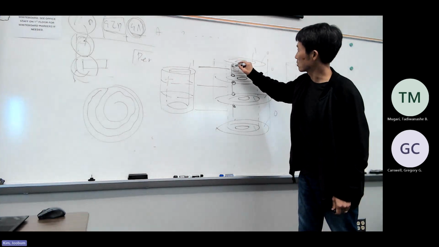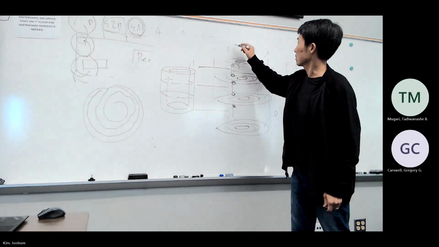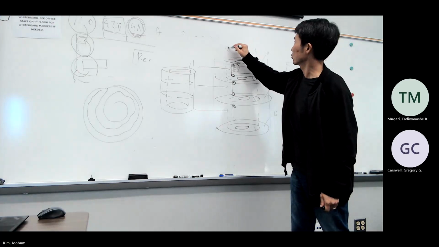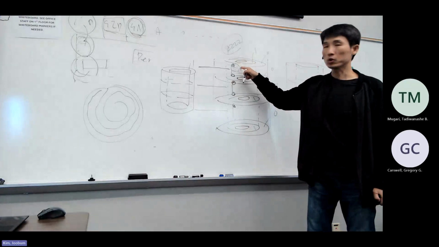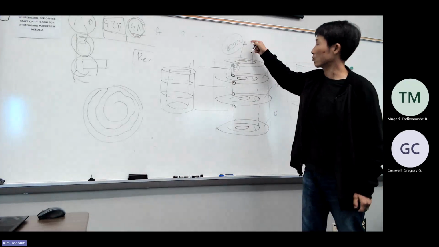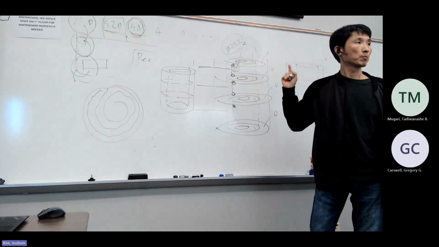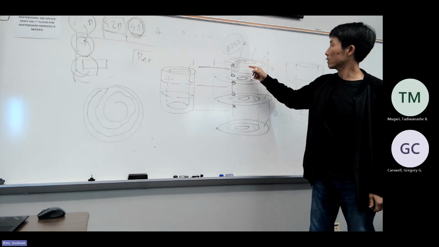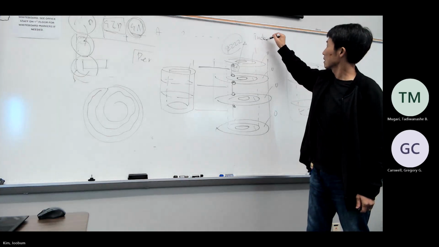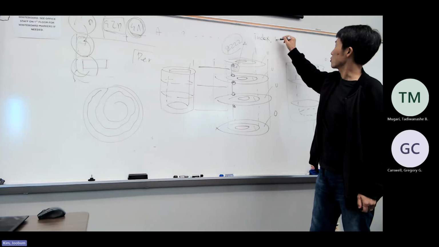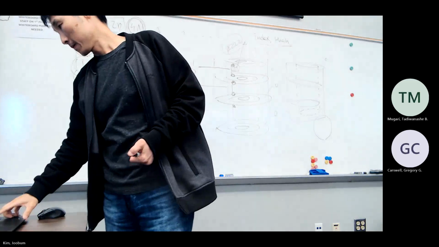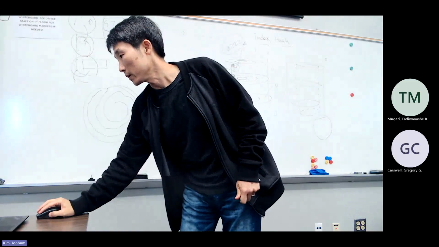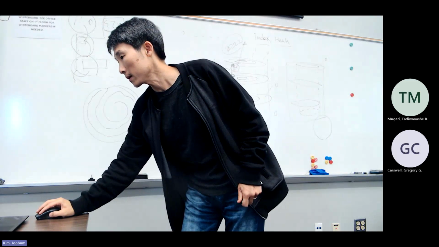Maybe the address of this one is like 12222. If we know the address, we can go directly to that position and then just read the data 101. So here, we use the index and the hash. So there are two ways of achieving data access, index and hashing.